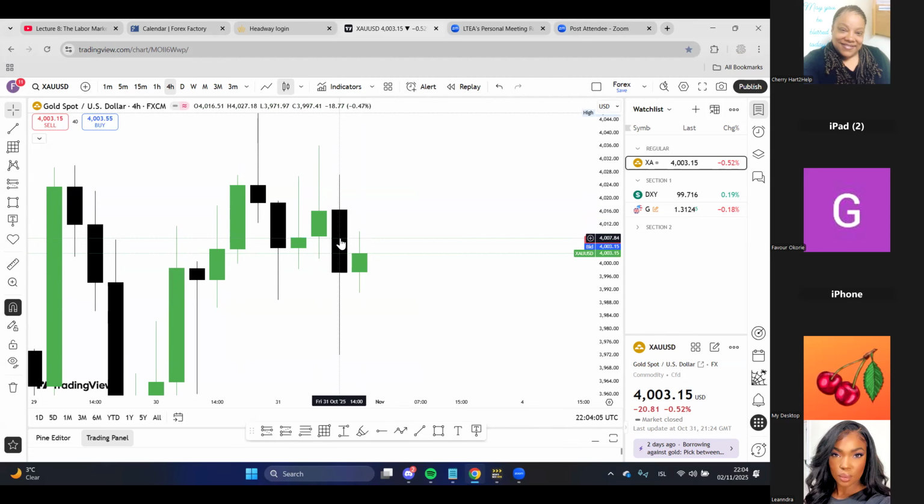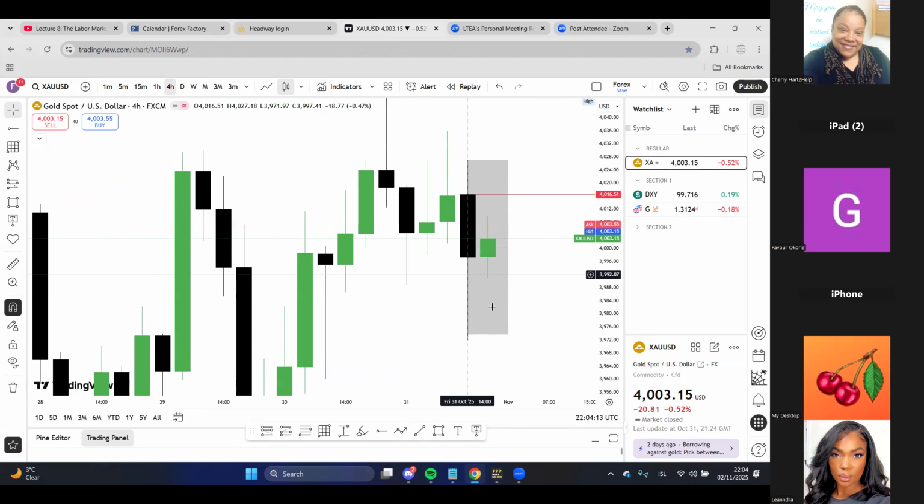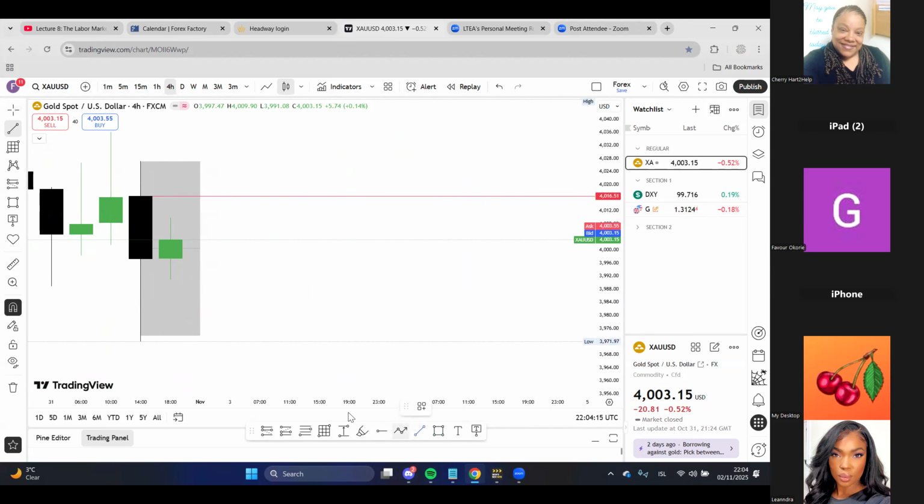Just this candle. And how would I approach this candle right here? So I know I'm trading this candle alone, right? Every time I'm looking at my market, what do I want to see? I want to see a sweep and price give me a setup for me to get in and ride the trade, right?